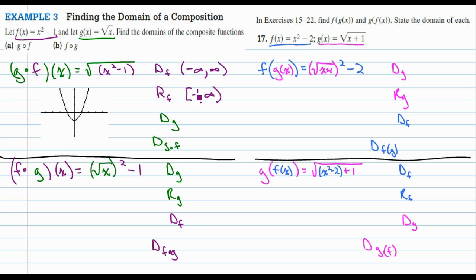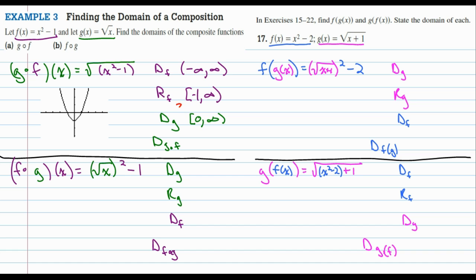Again, the conflicts arise when there's something that can come out of the f function that can't get plugged into the g function. So in other words, the g function's domain, the square root of x, is 0 to infinity. There's a problem. I will have numbers coming out of the f function that are negative, and I can't plug in negatives to the g function.